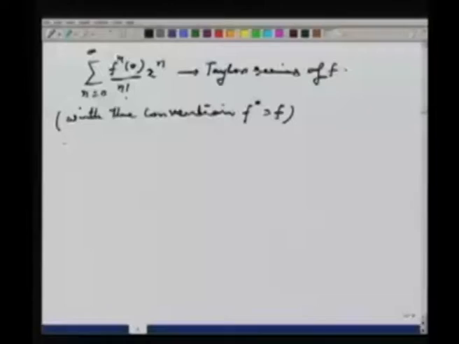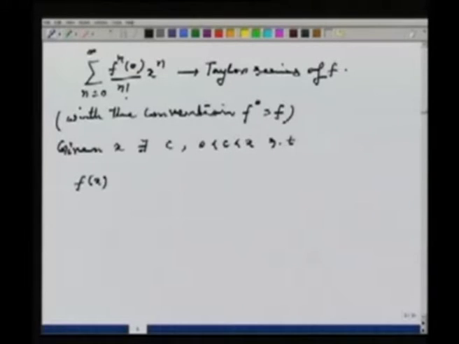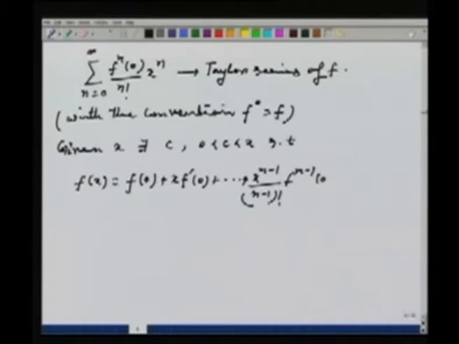What I have proved is that given x, there exists c which lies between 0 and x, such that f(x) equals f(0) plus x f prime 0 plus and so on, plus x to the power n minus 1 by (n minus 1) factorial f^(n-1)(0) plus x to the power n by factorial n times f^(n)(c).